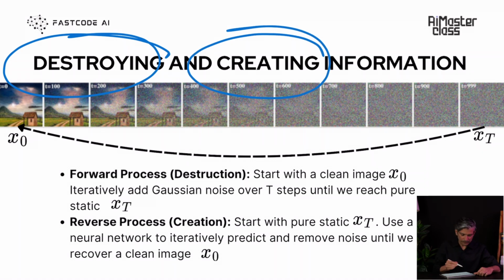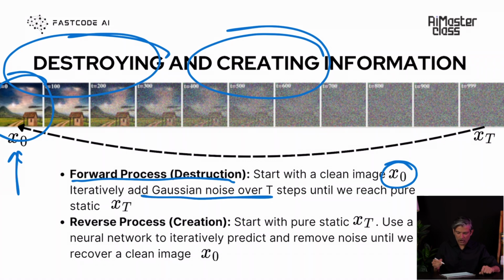What I mean to say is, we have our image that we want to generate, and we kind of do this forward pass, this destruction pass, where we start with this clean image x₀, this one, and we iteratively add Gaussian noise over t steps until we reach this pure static.